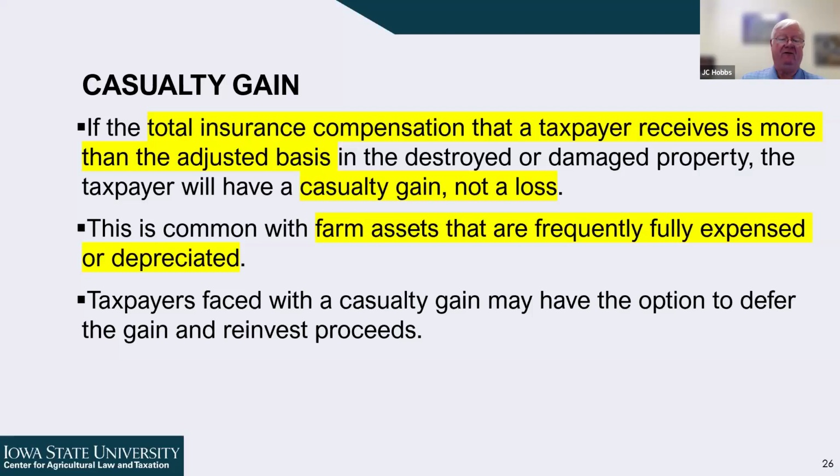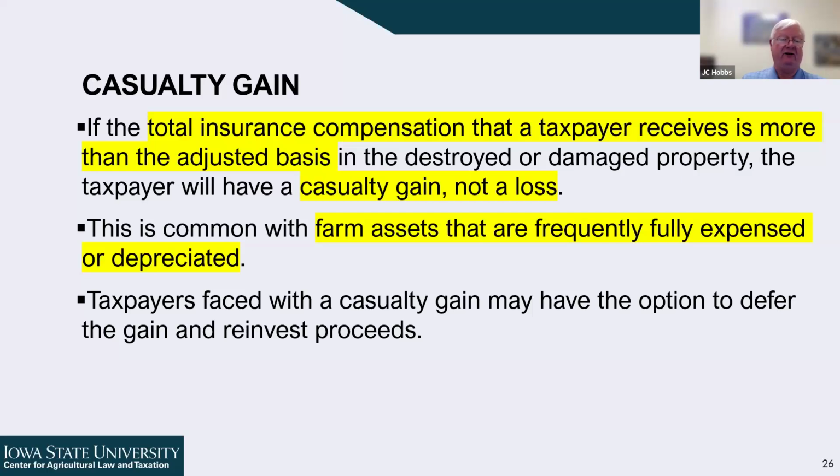Last bullet there. If you have a casualty gain, there are code sections in the tax law that allow you to defer paying tax on that gain if we elect to reinvest the proceeds. So that tractor, let's say it was completely destroyed and it had a zero basis. We get $50,000 in insurance.